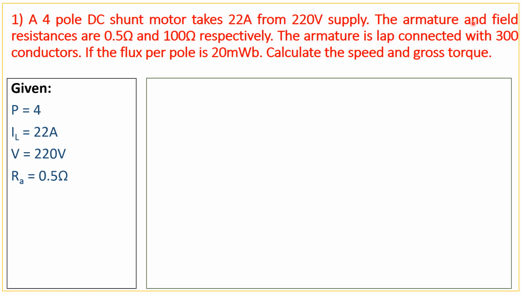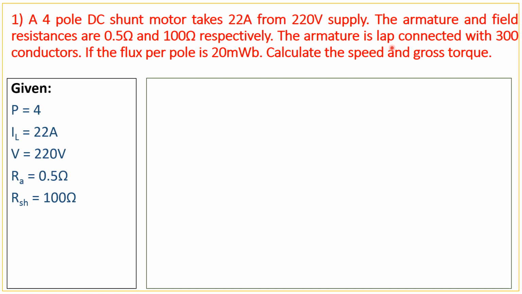The next one is RSH, the field resistance. For the shunt field I am representing it as SH. If it was a series motor, then RSE. So RSH is equal to 100 ohm.